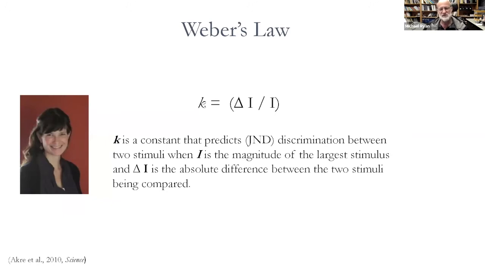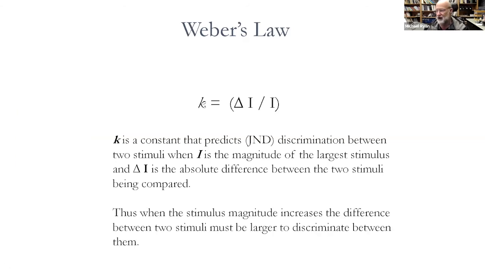And Weber's law says that when we compare magnitudes, and literally we, because this is a human psychophysics study, the greater the magnitude, the greater the difference between the two stimuli needs to be for us to be able to discriminate them. There is a constant K, which equals delta I, the difference between two stimuli, divided by the magnitude of one of the stimuli, and that is Weber's law.